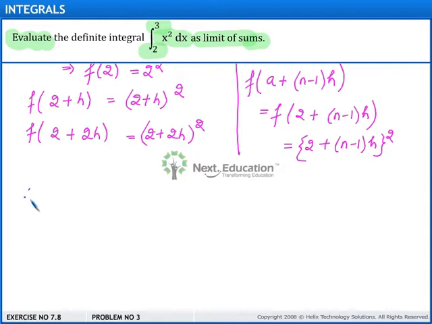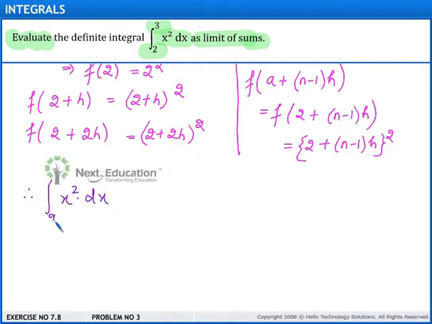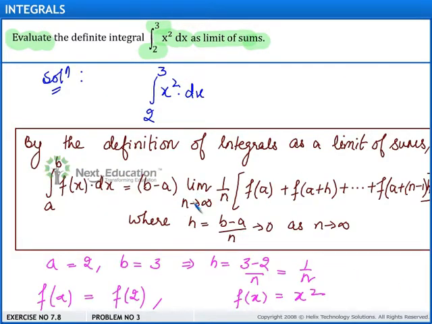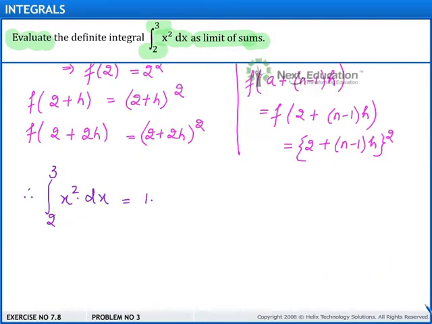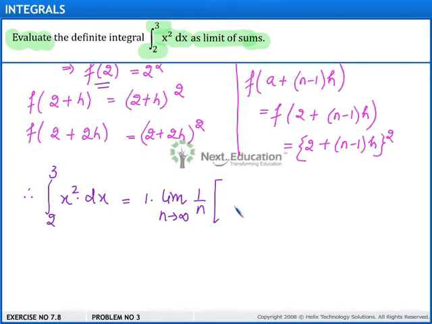Therefore, integral of x square dx from 2 to 3 is given by b minus a, that is 3 minus 2, which is 1, into limit as n approaches infinity 1 upon n. Then we have f of a, that is f of 2, which is 2 square, plus f of a plus h, that is (2 plus h) whole square.